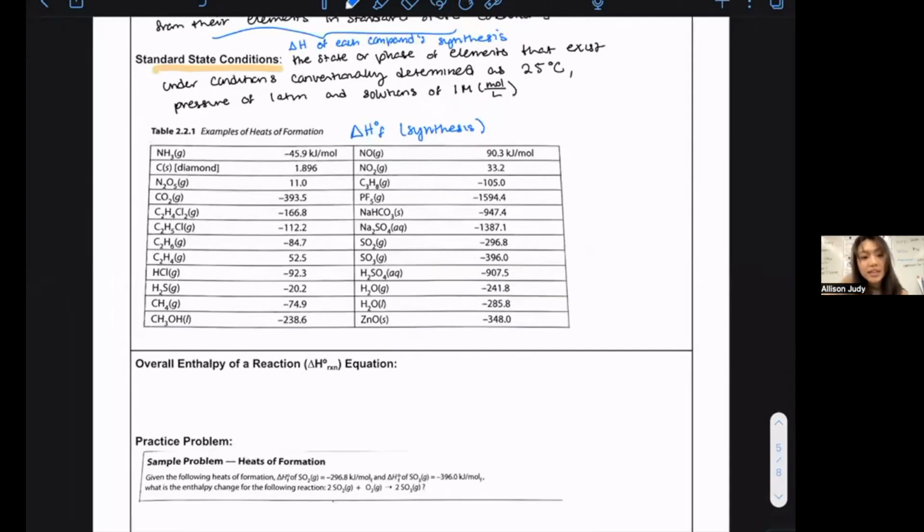Well, it looks like putting it into an equation known as the overall enthalpy of a reaction equation based on standard state enthalpy of formation individual values.